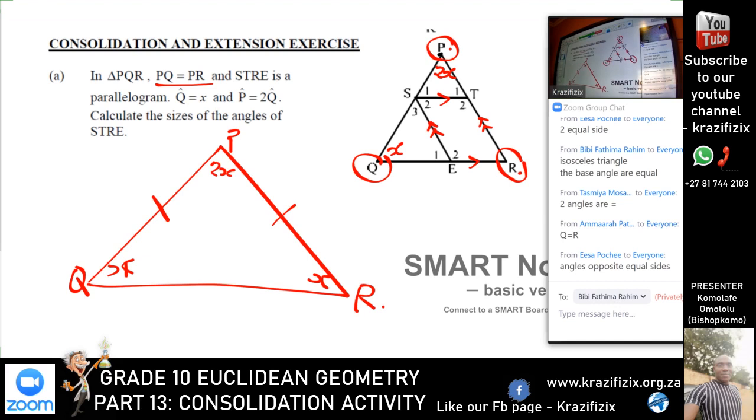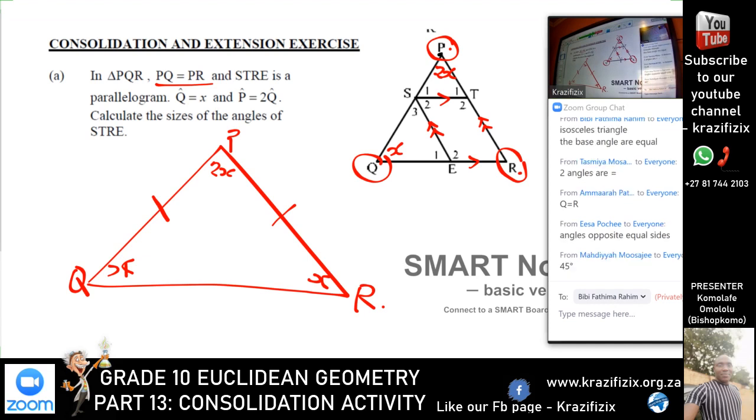What do you then think? Can you please calculate the value of x for me? I want everyone giving me answers. Calculate the value of x. What do you think x would be? Matthias says 45. Can somebody confirm that answer? Sugra says 45.